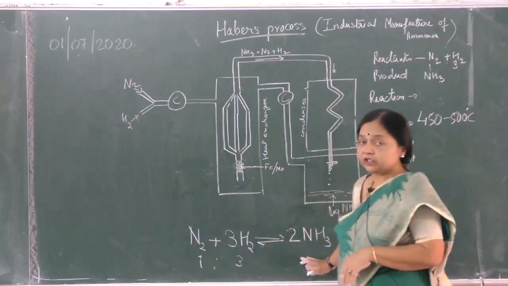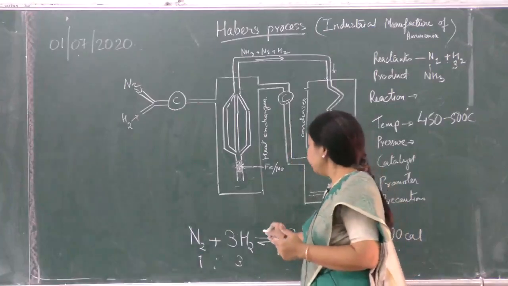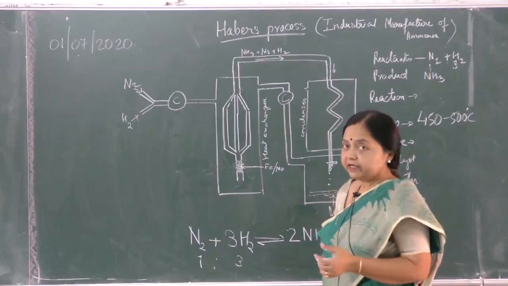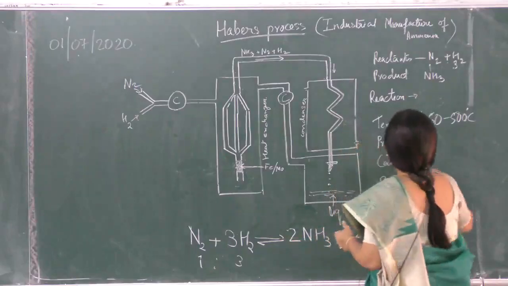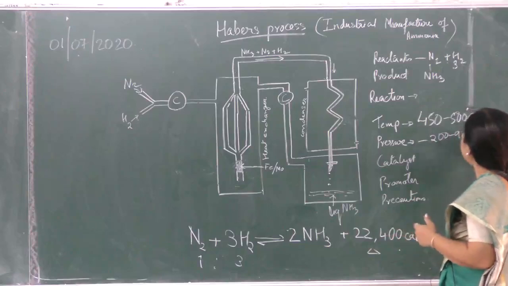There is a fall in pressure over here. So initially we have to keep a high pressure, 200 to 900, ideally 250 atm of pressure.